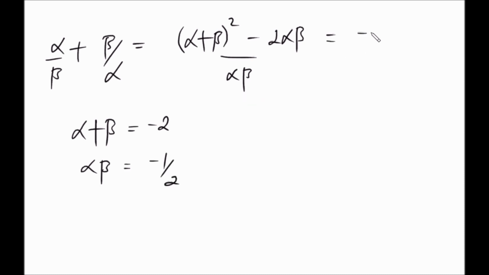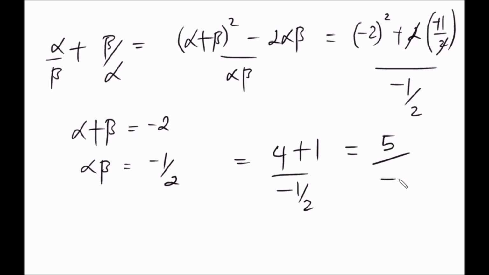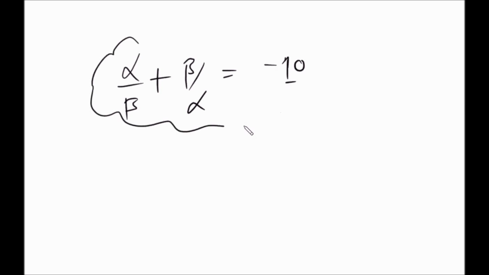So alpha plus beta is -2, squared, minus 2 times alpha beta, which is -half, over alpha beta down there, which is also -half. So -2 squared is 4. This and this cancel, and here remains positive plus 1 over -half. So 4 plus 1 is 5 over -half. So what is 5 over -half? It is -10. So our final answer now, alpha over beta plus beta over alpha, is -10.